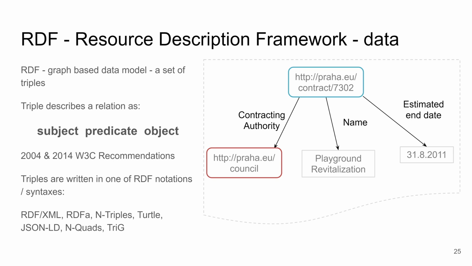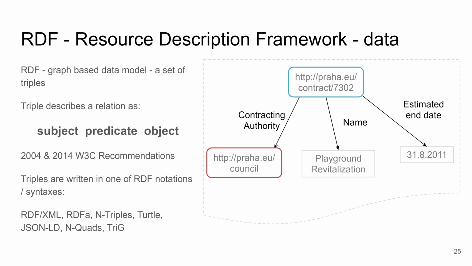Now, the edges in this picture are named using plain English. So we can see that the edge on the left says contracting authority. But if the edges were actually named like this by a text in English, there would be a mess in the data, because someone else would call it something a little bit different.